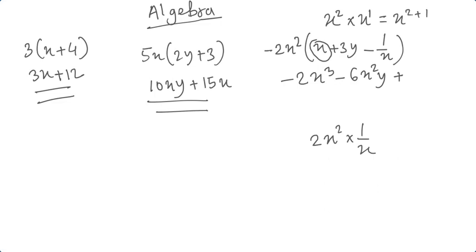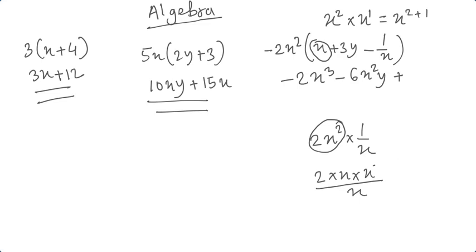So here we have 2x squared. In simple terms we have to understand it like 2 times x times x, and times 1 divided by x means just divided by x.